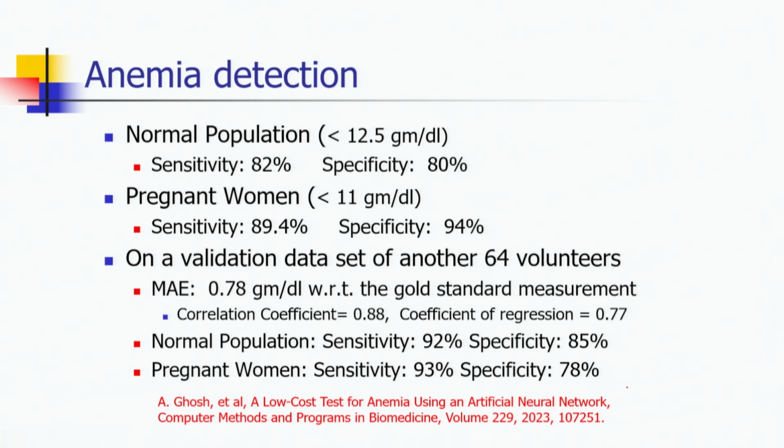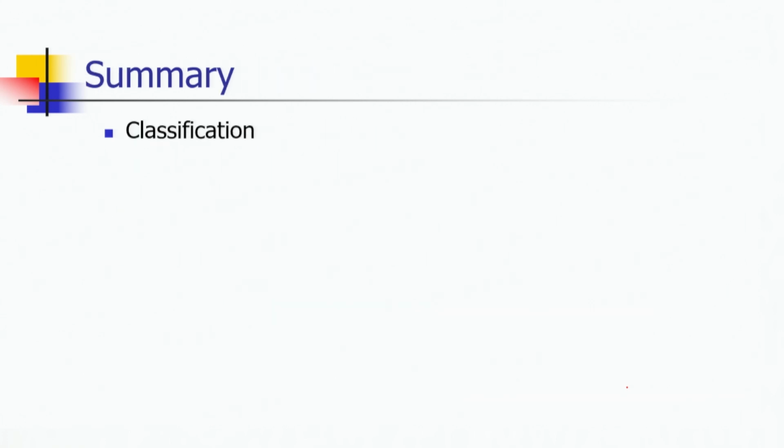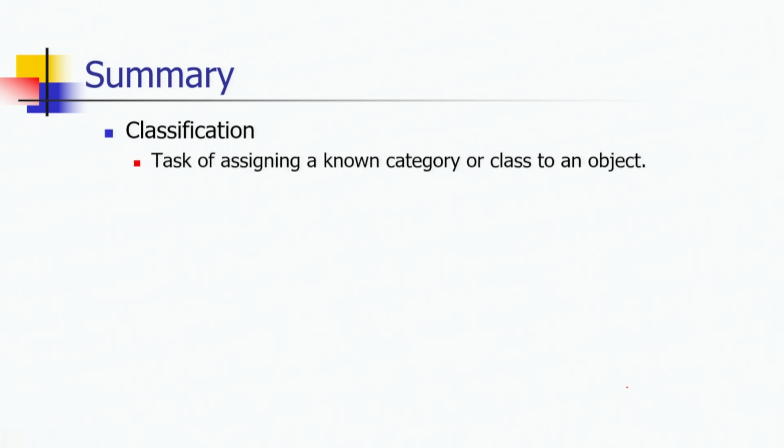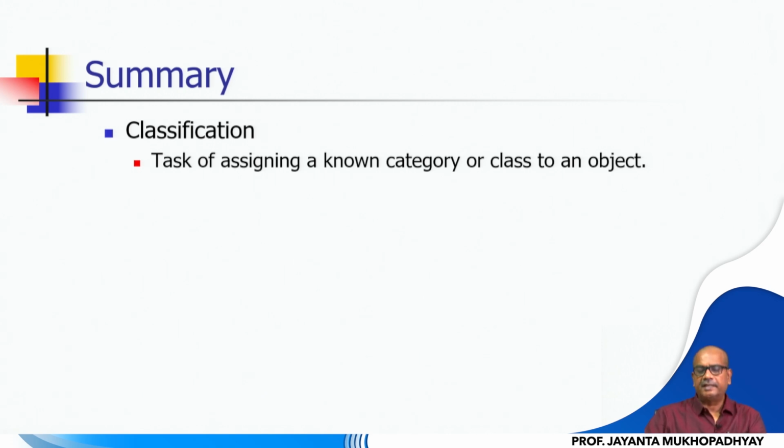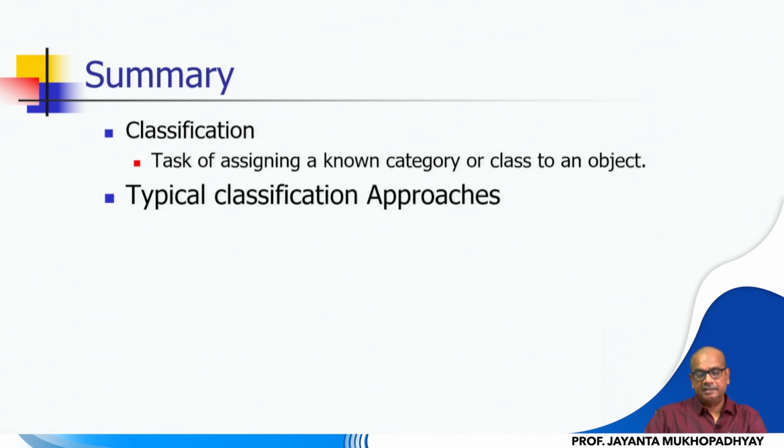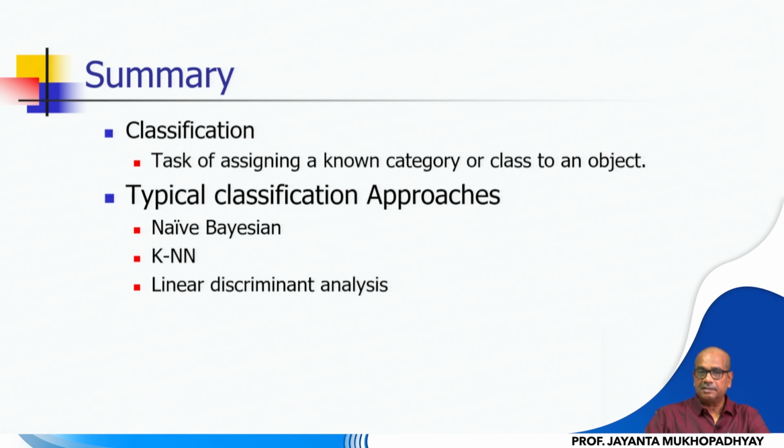So finally, let me summarize this particular topic on classification. As we see, classification is the task of assigning a known category or class to an object, and the typical classification approaches that we discussed are the naive Bayesian classifier, or even the Bayesian approach, then the k nearest neighbor classifier, linear discriminant analysis, and also the artificial neural network.